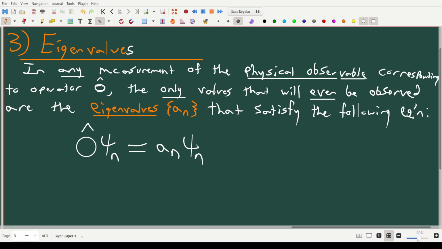Okay? So the idea is that if this is a measurement of my system, the only things I will ever observe in my experiment are the states that when I put them through the box, I get the same state out times a number. And that number is what we call the eigenvalue.